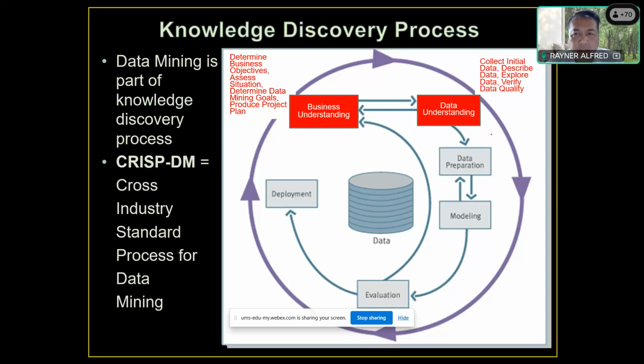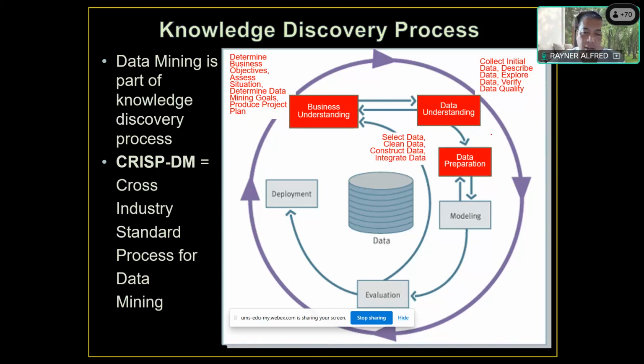So if you have primary data, it's better. You will collect data, describe it, and explore what kind of data you have. Then you may have to do some data preparation, like data cleaning, constructing the features, or combining the features in order to get a better result.